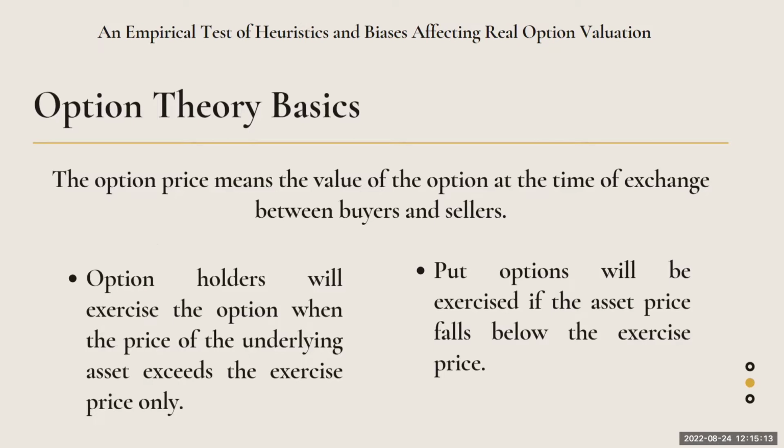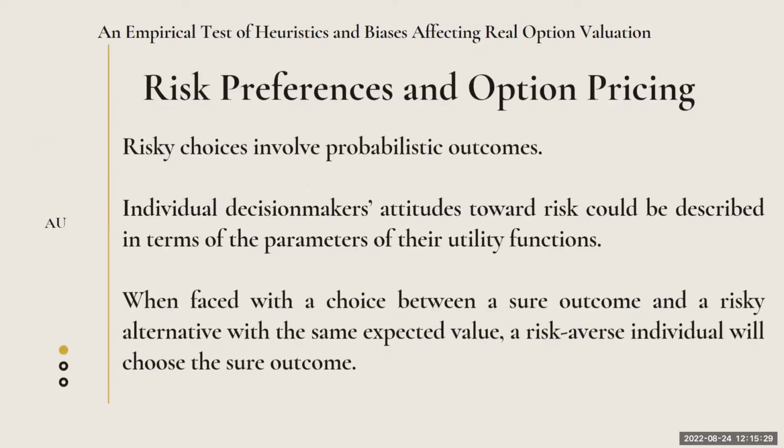Option holders will exercise the call option only when the price of the underlying asset exceeds the exercise price. Meanwhile, put options will be exercised if the asset price falls below the exercise price. Now, risk preferences and option pricing theory. Risky choices involve probabilistic outcomes.